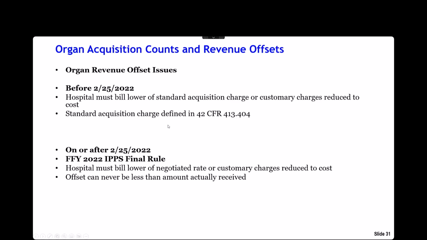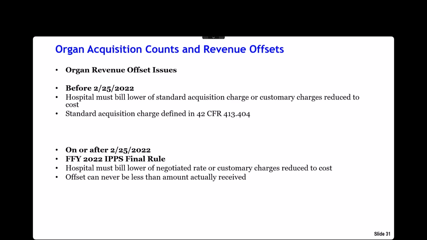Prior to that, the hospital had to bill the OPO the lower of either the standard acquisition charge, the SAC, or whatever customary charges they normally calculated after reducing them to cost through a cost charge ratio. So whatever was lower had to be billed, and that would show up as our revenue. We would require that to be offset as a revenue offset.